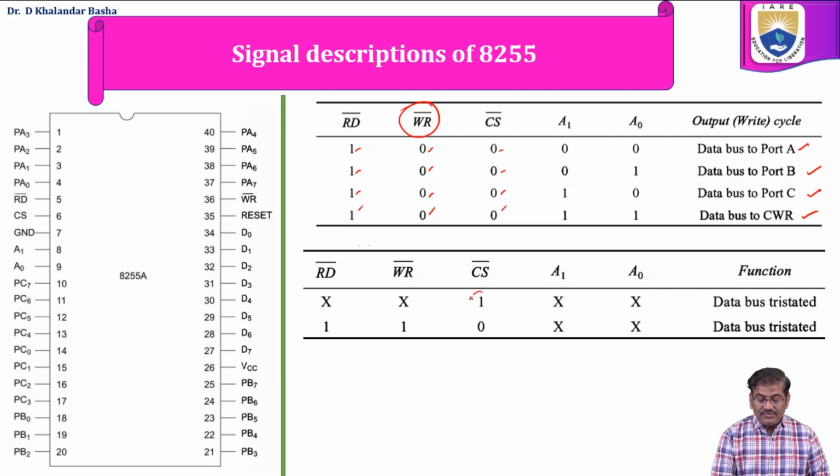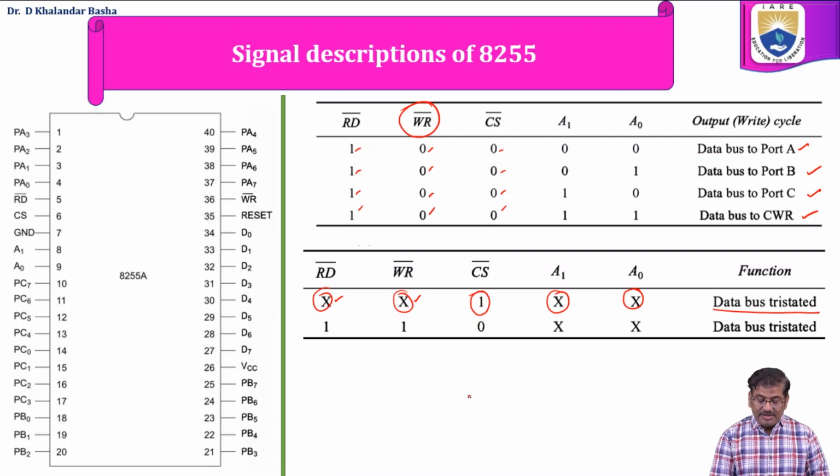Let us consider if CS bar is equal to 1. Whether the read and write signals are 0 or 1, they are don't care. Because the chip select is inactive, whatever information we have on A0, A1, as well as write and read, nothing will be considered. So the data bus will be tri-state.